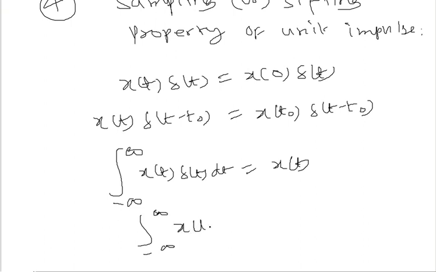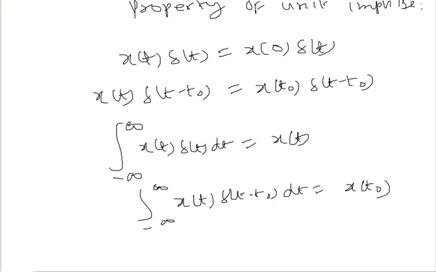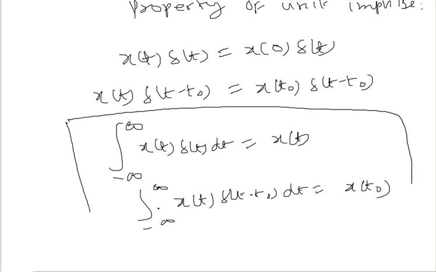So this is known as the shifting or sampling property of the unit impulse signal.